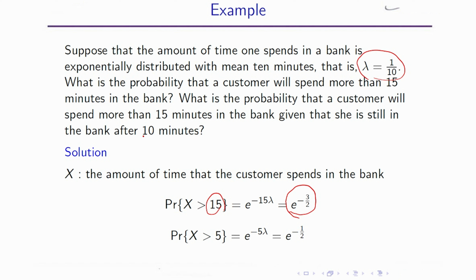The second question: given that the customer has been in the bank for 10 minutes, what is the probability that the customer will spend more than 15 minutes? After 10 minutes, the customer needs to spend an extra 5 minutes in the bank. Because the exponential distribution is memoryless, we can simply calculate the probability of X greater than 5. That is e to the power of minus 1/2.